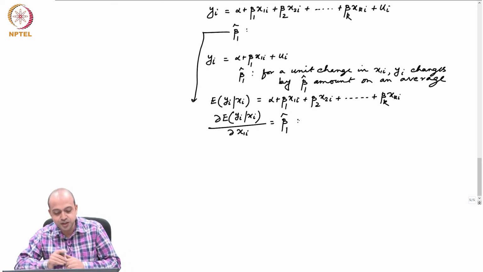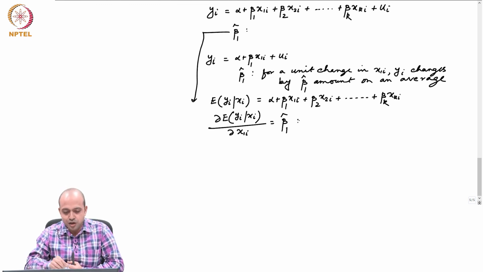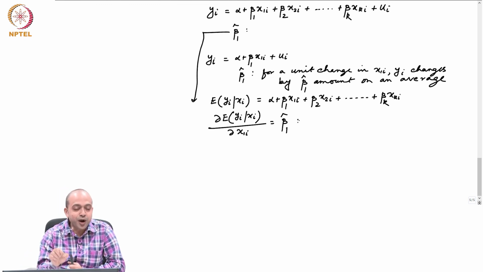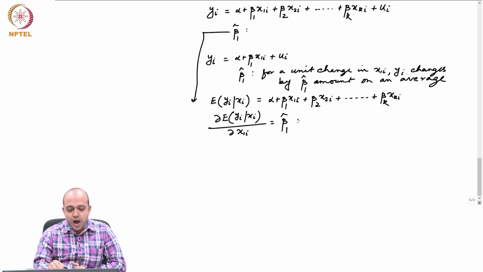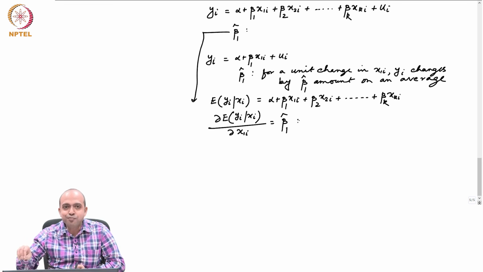Now, you can easily interpret this. If you know the interpretation of partial differentiation from mathematics, you can easily get the interpretation of beta 1 hat. This basically says that for a unit change in x1i, yi changes by beta 1 hat amount on an average, keeping the impact of other factors constant.